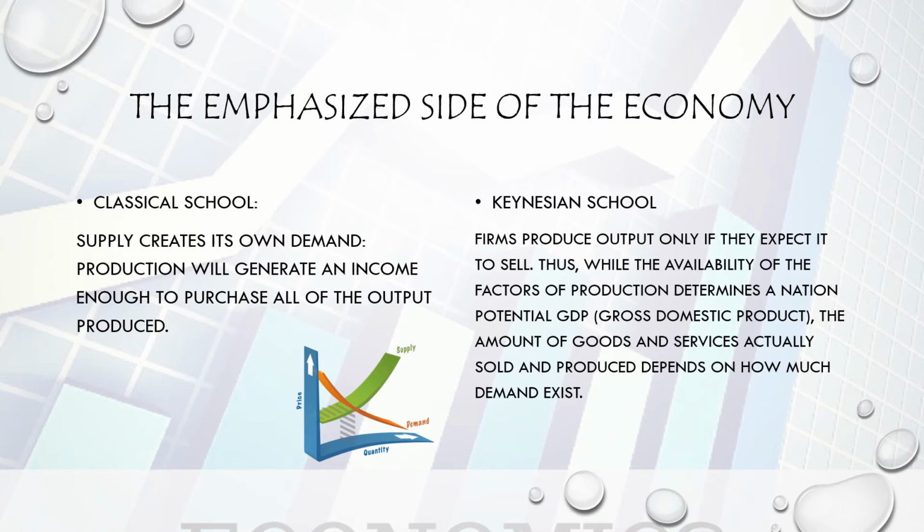Now let's look at the Keynesian view. The Keynesian definition for which side of the economy they study is a little more technical, so I will try to explain it as I go. The Keynesians believe firms produce output only if they expect it to sell. Thus, while the availability of the factors of production determines a nation's potential GDP, which means gross domestic product, the amount of goods and services actually being produced and sold, that is, real GDP, depends on how much demand exists across the economy.